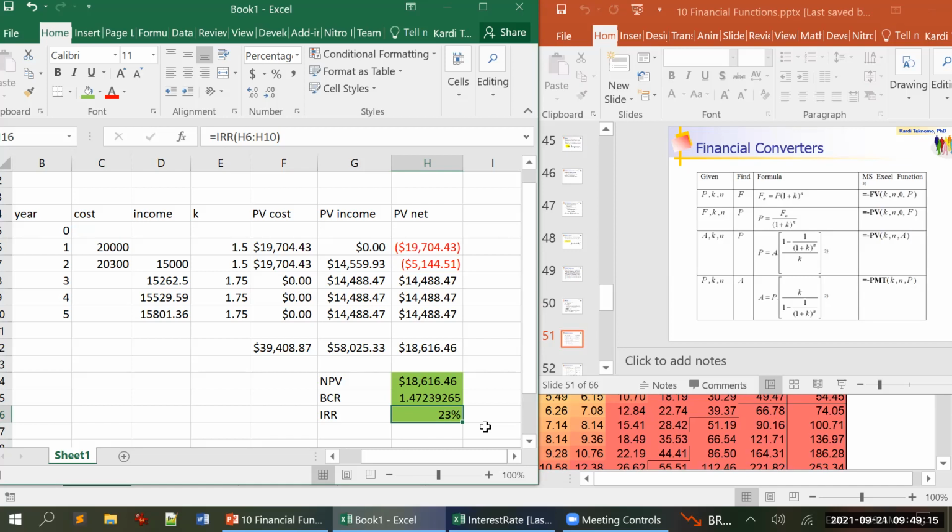But if your project gives you say 23% like this, of course, it is better than putting your money in the bank, where you get only 5%. If you do this software project, you get 23% per year. You get it?